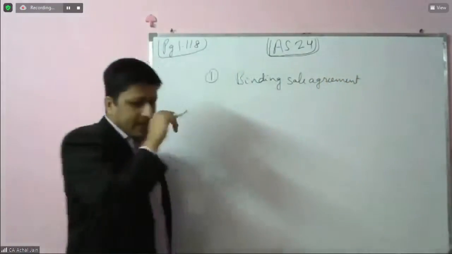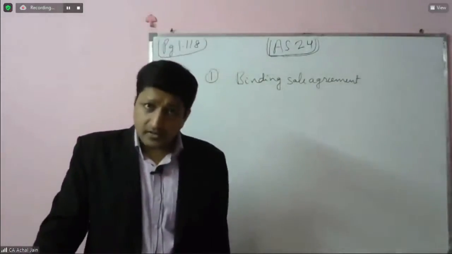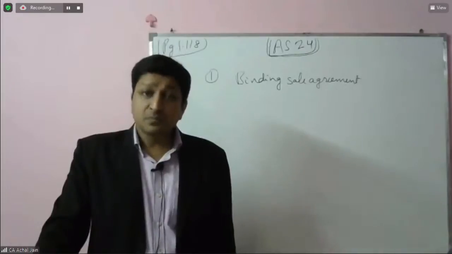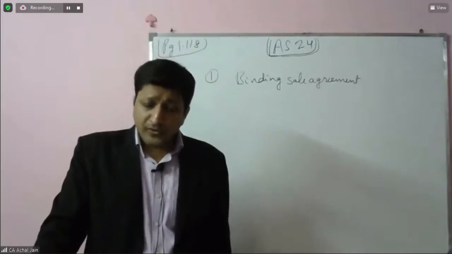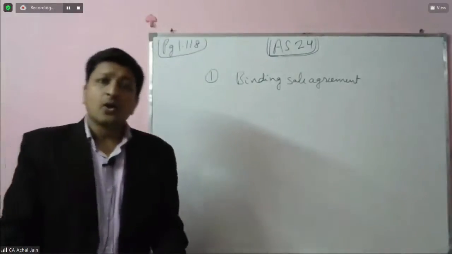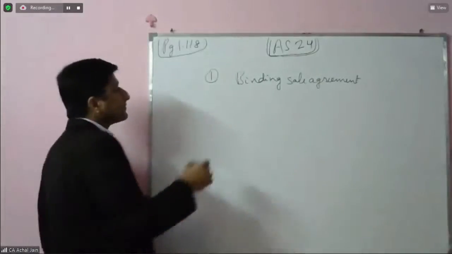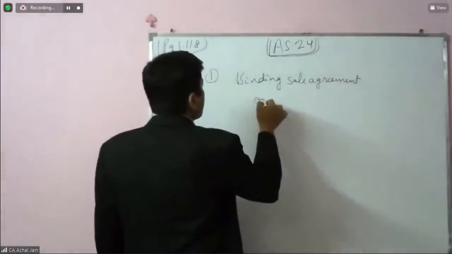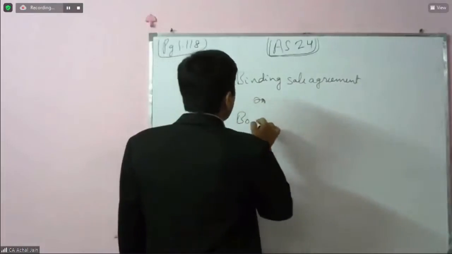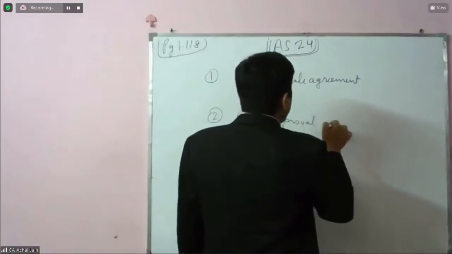Either there is a binding sale agreement, or the board of directors of the entity, in case of a company, has both approved a detailed formal plan for the discontinuance and also made an announcement of the plan. Or there is board approval and communication.